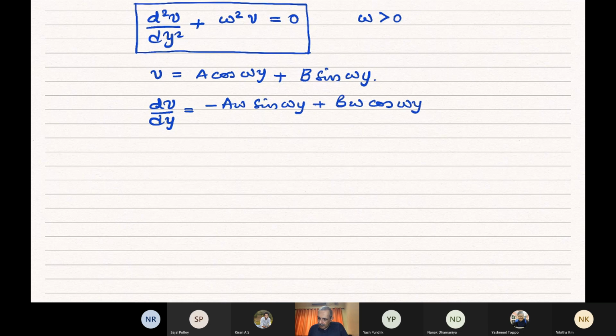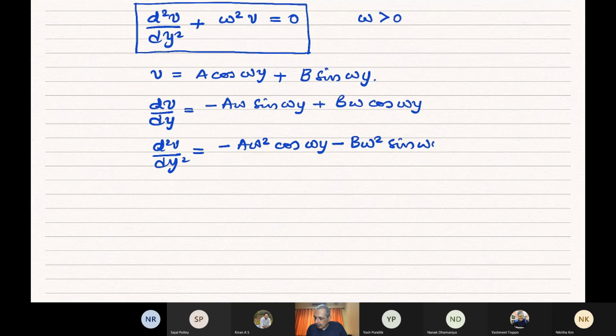If we take the derivative again, then we get d squared v by dy squared is equal to minus a omega squared cos omega y minus b omega squared sine omega y.